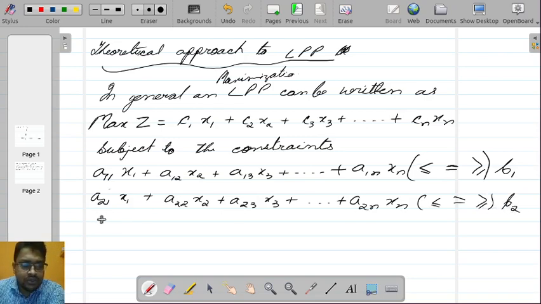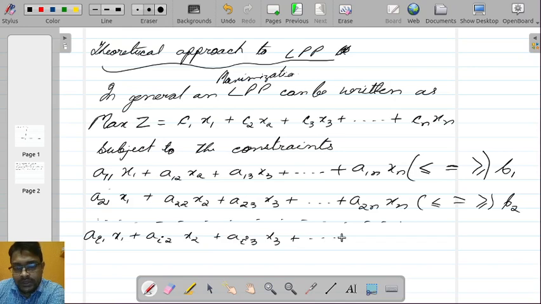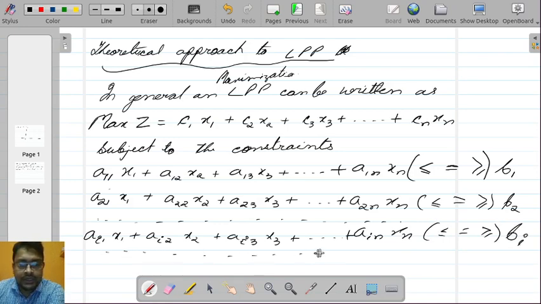In general I can write the ith constraint as ai1 x1 plus ai2 x2 plus ai3 x3 plus dot dot dot up to ain xn, less than or equal to, greater than or equal to, or equal to, say, bi.